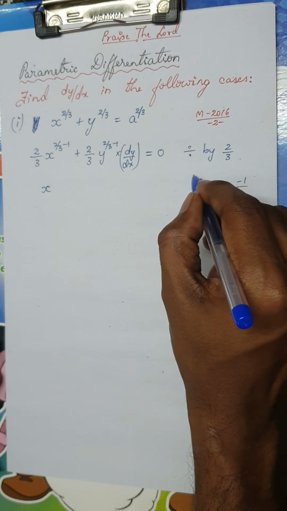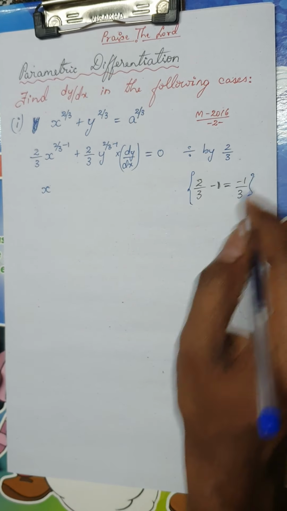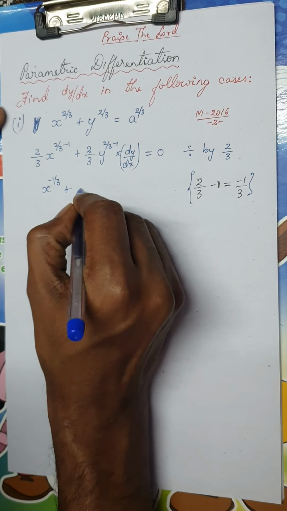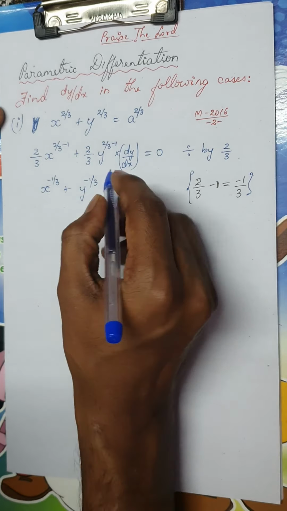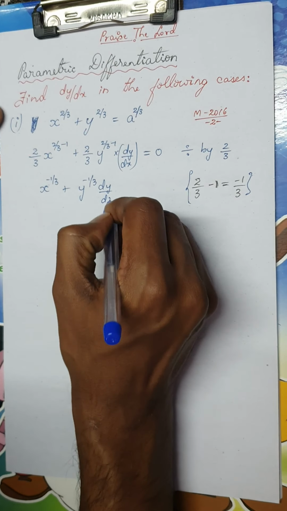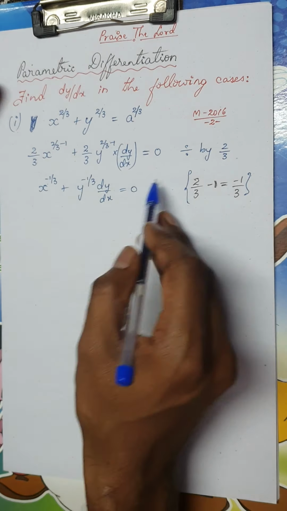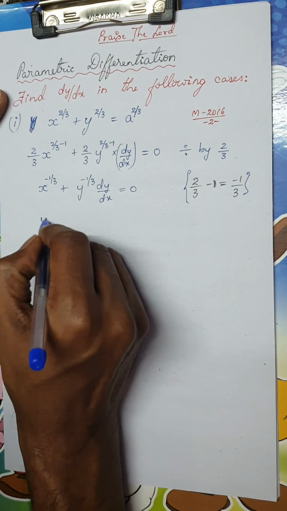So x power minus 1 by 3 plus y power minus 1 by 3 into dy by dx is equal to 0. Now I will take x power minus 1 by 3 to the right hand side.